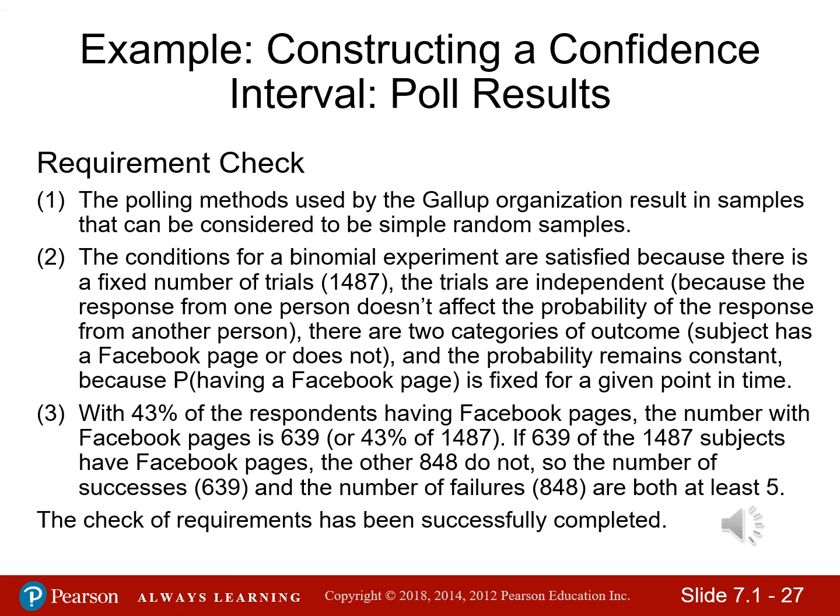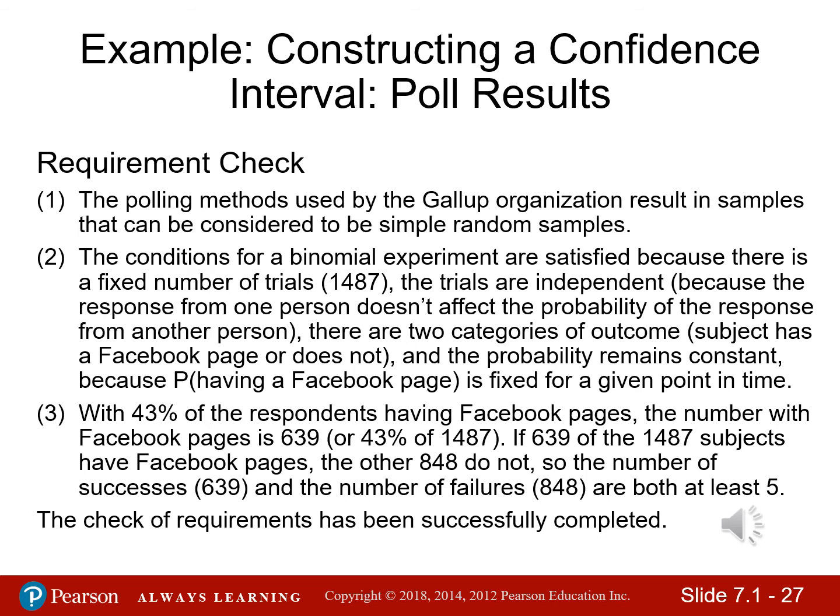The trials are independent because the responses from one person should not affect the probability of the response from another person. And there are two categories for the possible outcomes. The subject either has a Facebook page or does not have a Facebook page. And the probability remains constant because the probability of having a Facebook page is fixed for any given point in time.